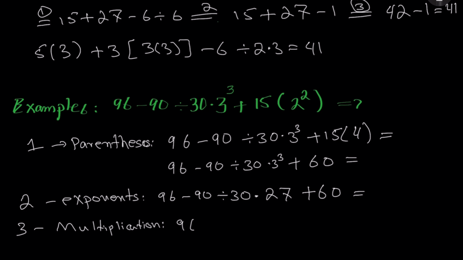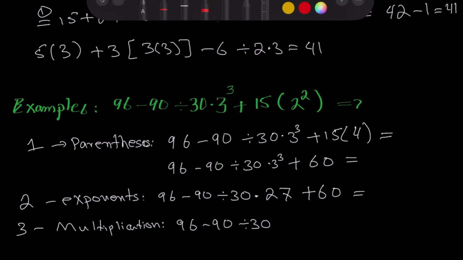So it will be 96 minus 90 divided by this whole number, 30 times 27, whatever number that is. 30 times 27 will give me 810, plus 60. Now we got rid of the multiplication. The next step will be the division.